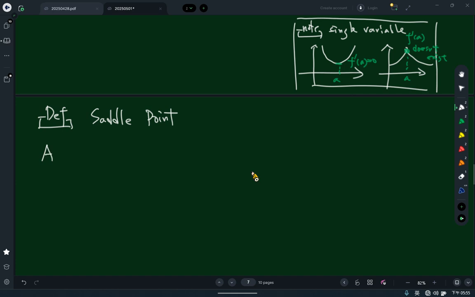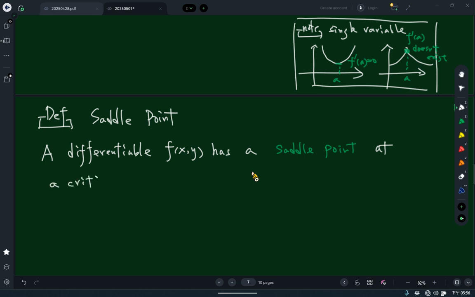The saddle point is defined as below: a differentiable function f of x, y has a saddle point at a critical point (a, b). So that means a saddle point must be a critical point.